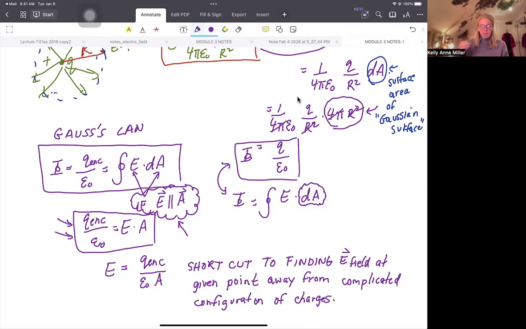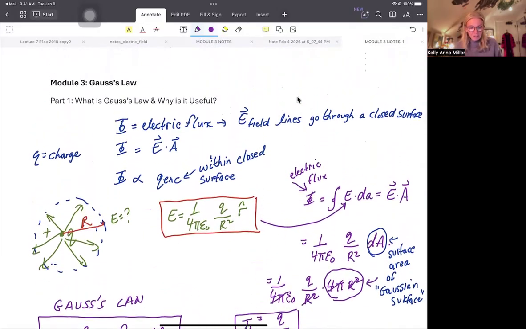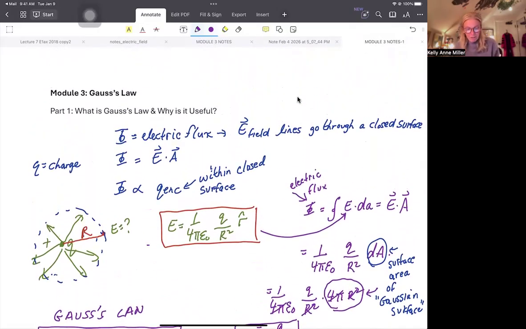Okay, and that's all it is. If you go back to the definition of electric field and remember what we did last week, the other way of finding electric fields is very complicated, right?